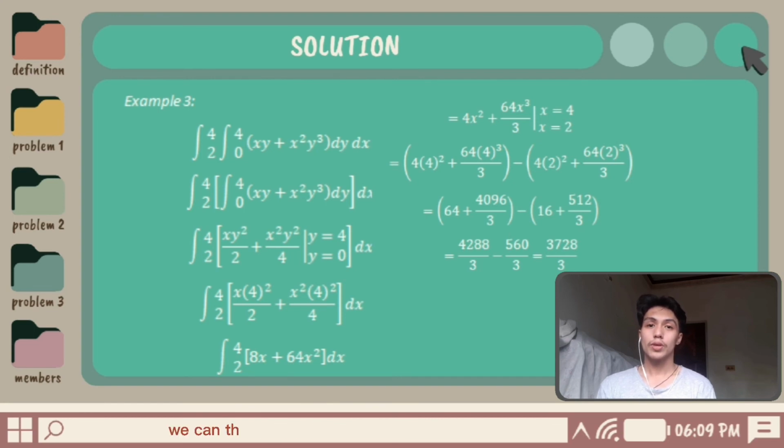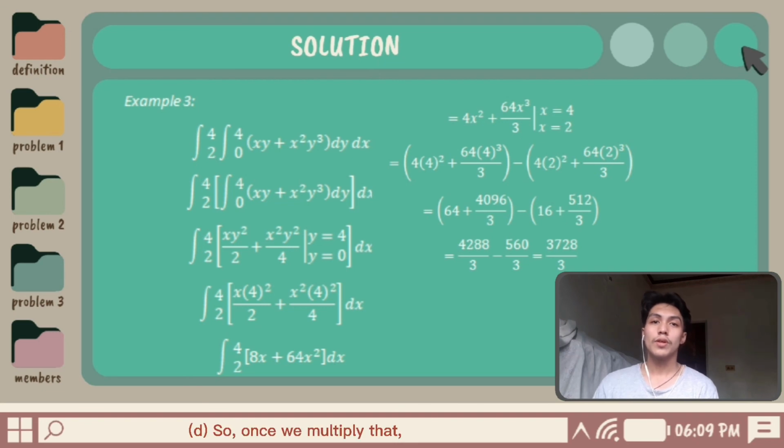Once we've done that, we can then replace the x variables with 4 and 2. So we will then get 4 multiplied by 4 raised to 2 plus 64 multiplied by 4 raised to 3 over 3 minus 4 multiplied by 2 raised to 2 plus 64 multiplied by 2 raised to 3 over 3.